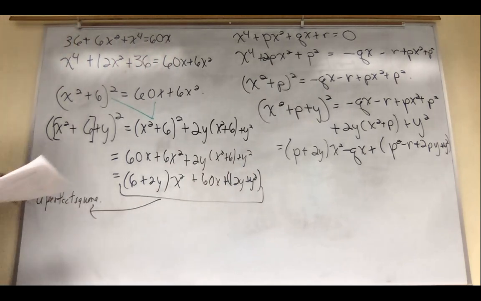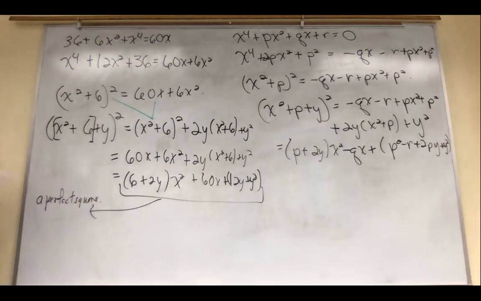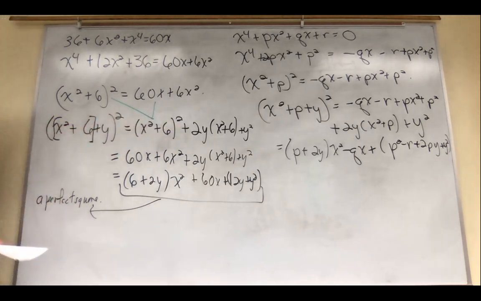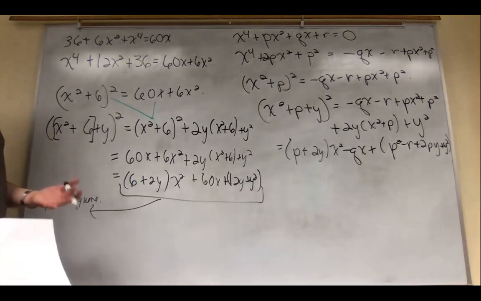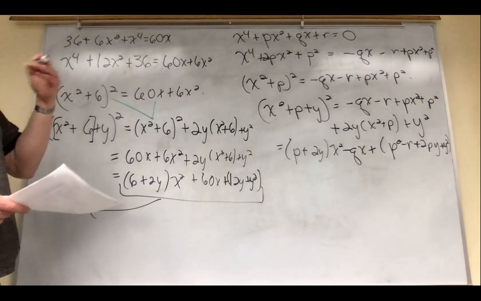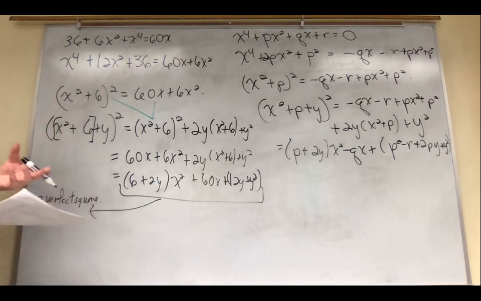I hope you know, I'm not certain you do, but I hope you know that there's a way to tell if a quadratic polynomial is a perfect square, and that way is by looking at the discriminant. That thing from the quadratic equation, the square root of b squared minus 4ac. If that thing is 0, then the roots repeat, then that's a perfect square.